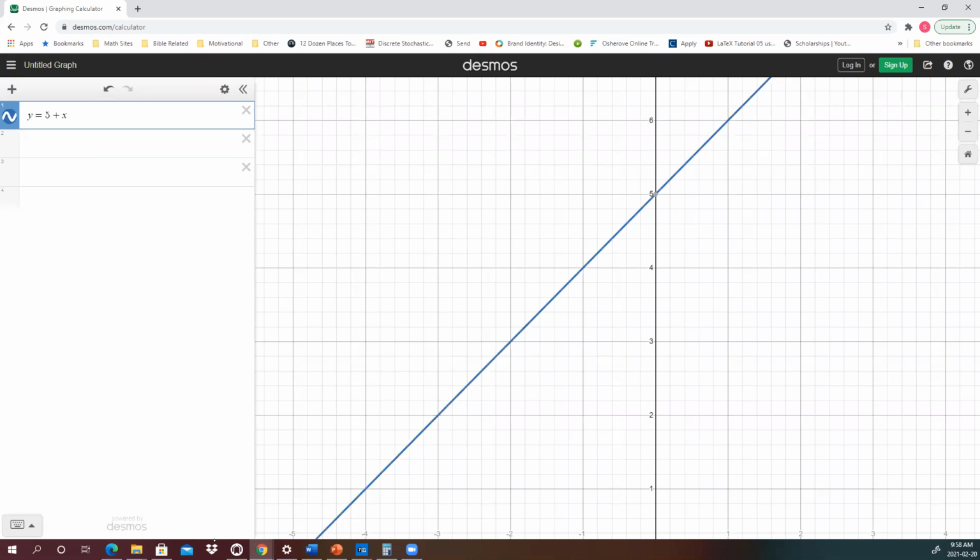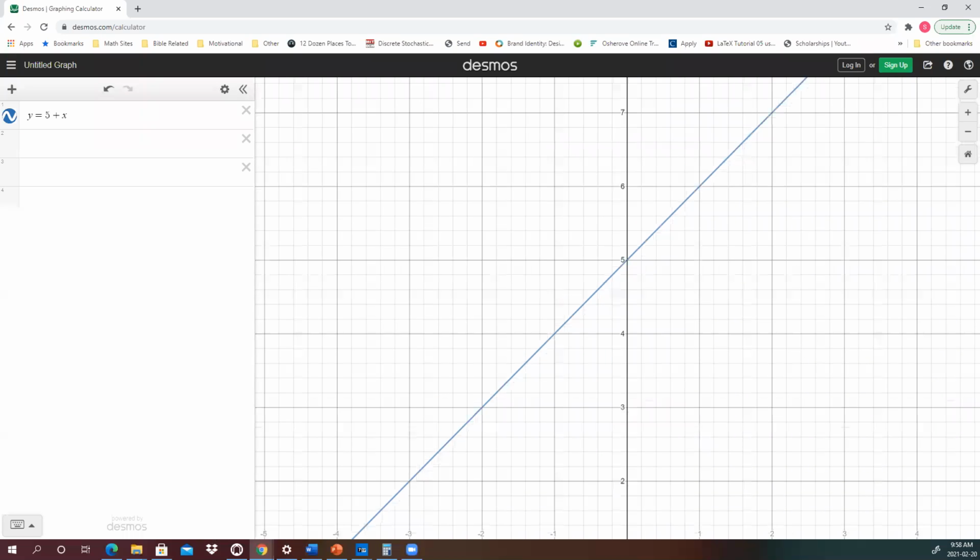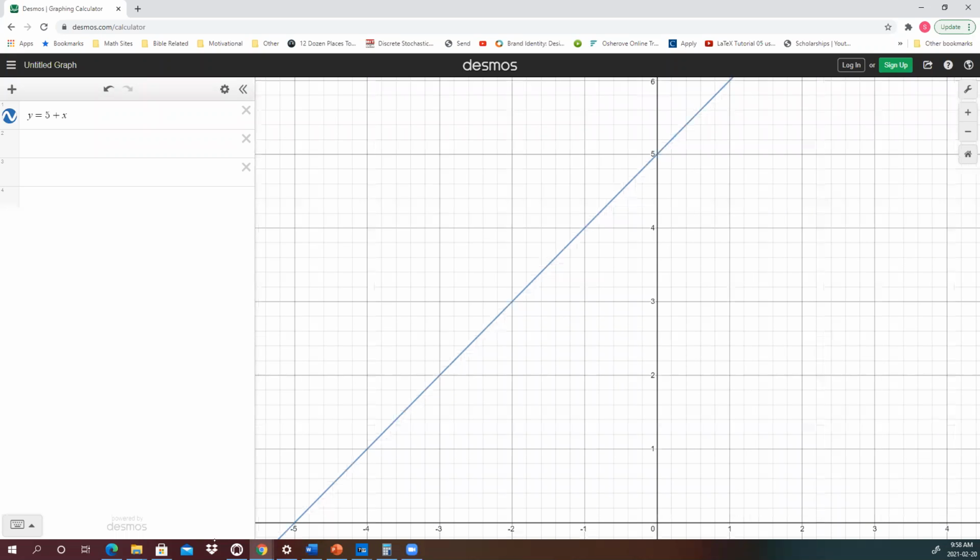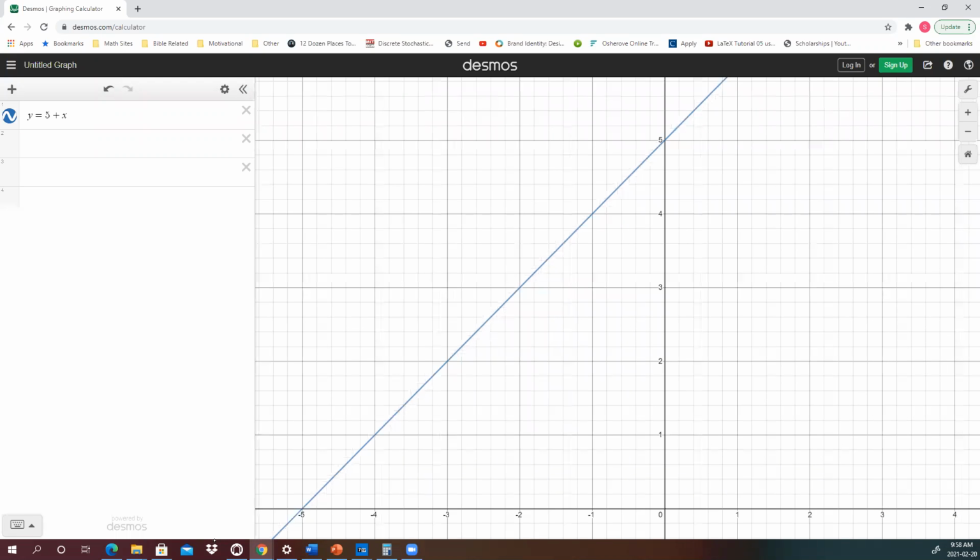All right, now I'm going to show you how to use the graph to do the things that we just did a while ago, which is gradient and y-intercept. The y-intercept I showed you already, right? If you look, this dark line here with the numbers is your y-axis. It runs from top to bottom, and the one from left to right is your x-axis.